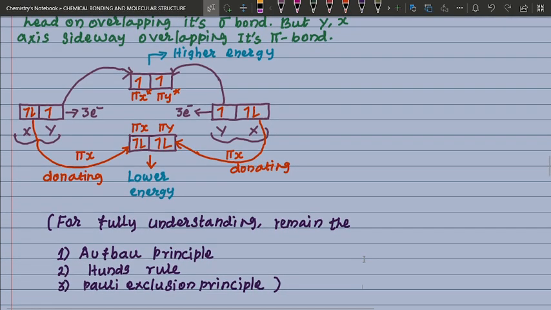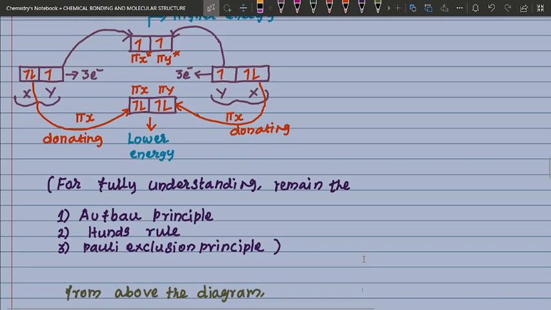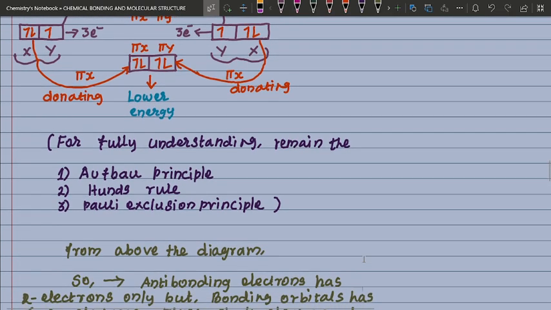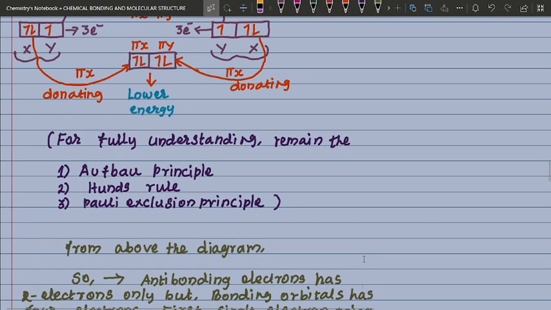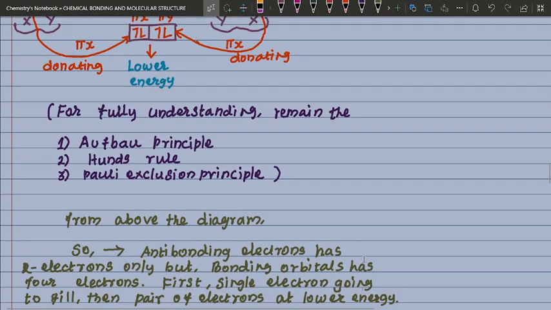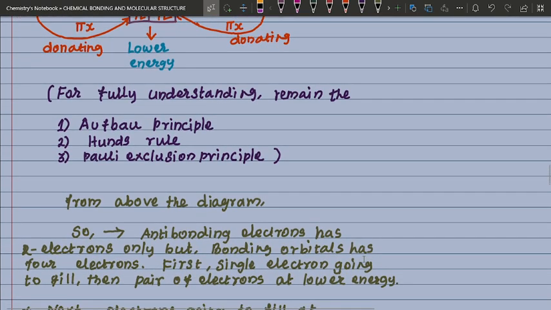For fully understanding, please remember the Aufbau principle, Hund's rule, and the Pauli exclusion principle. If you do not know these 3 rules, check our channel or see your textbook.